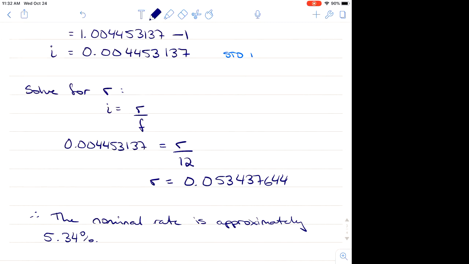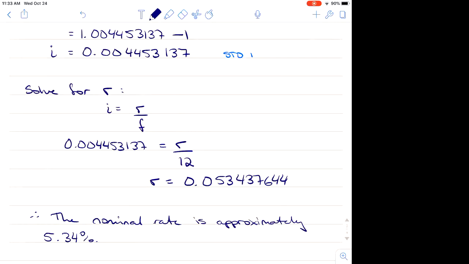So it's a 2-step process now, right? If you have to find R, before we were just able to solve for R and then solve the equation for it. Now we have to always find I first, and then we can find R. We have the same type of situation if we want to solve for time, because we'll first have to find the number of compoundings, and then we can solve for time.